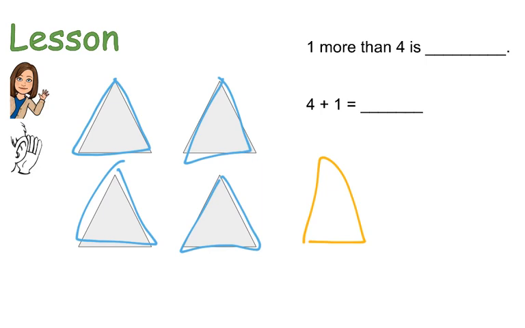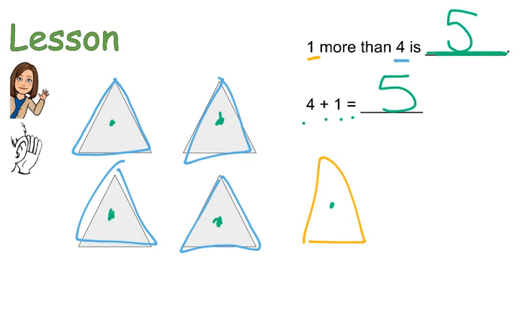And now to complete this sentence, I'm going to count how many are all together, because this is saying 1 more than 4 is blank, and we have to find the answer. So let's count. We have 1, 2, 3, 4, 5. So 5 is our answer. So we can say that 4 plus 1 equals 5.